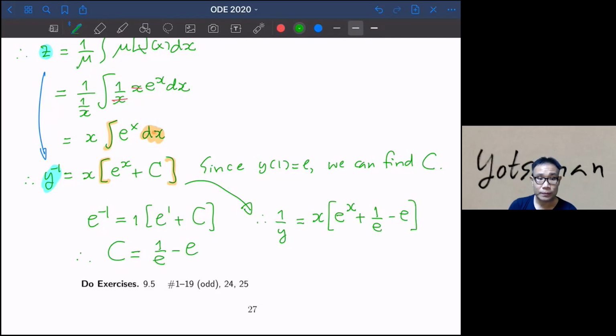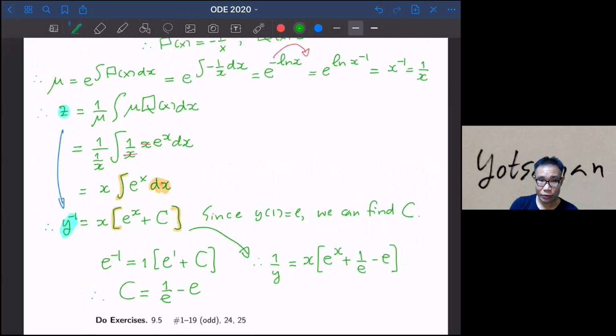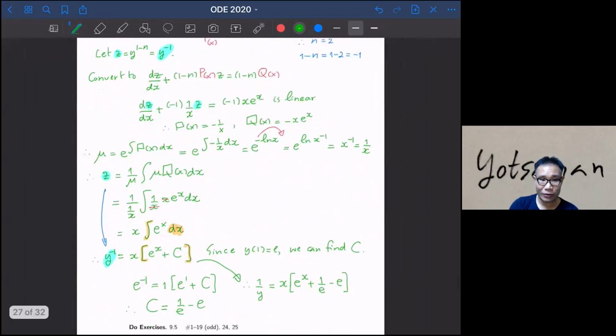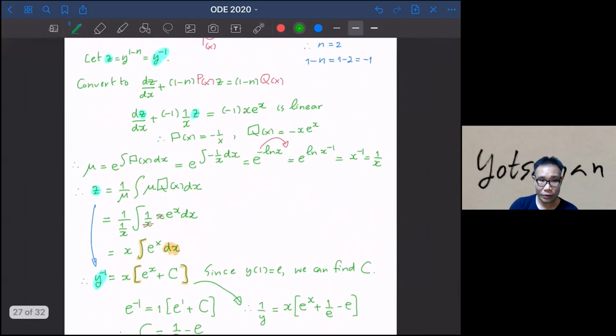And I think that's all for this one. You see that this kind of longer solution consists of 2 steps. The first step is around here, until you have a linear equation.